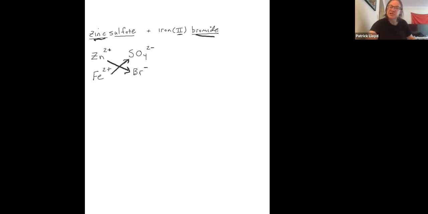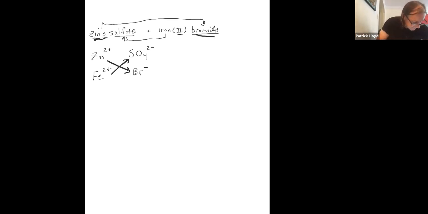They're switching partners. Imagine you've got 2 pairs and they just switch. Flip it over and then they break off. So essentially this one is going to go with this one, and then the metal's going to go with this one. Okay. So now you're going to have 2 new compounds.